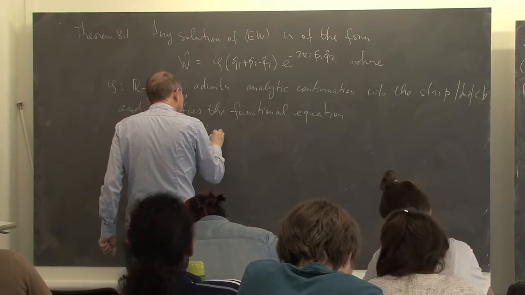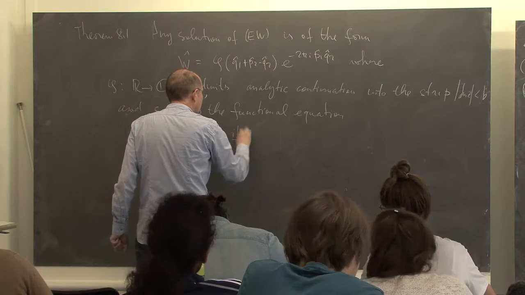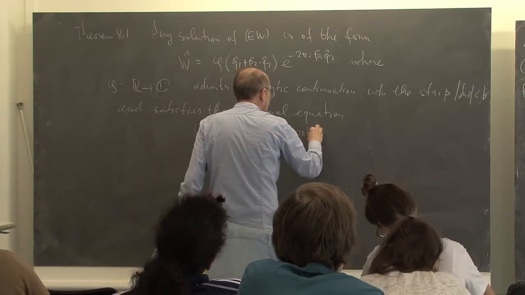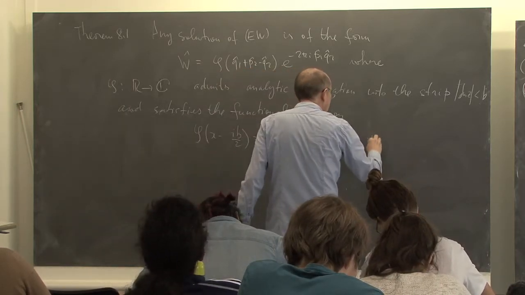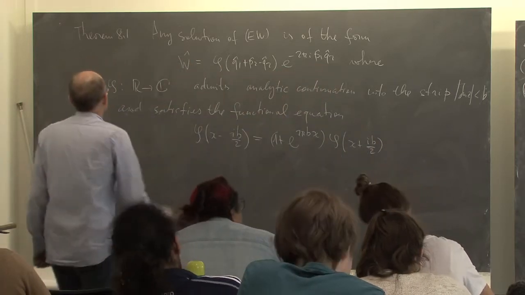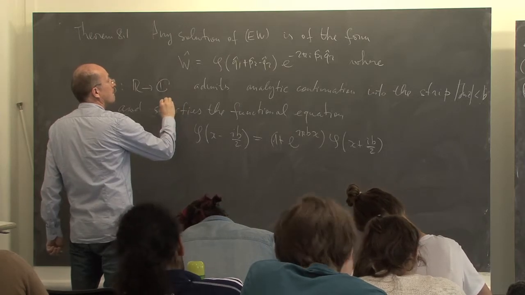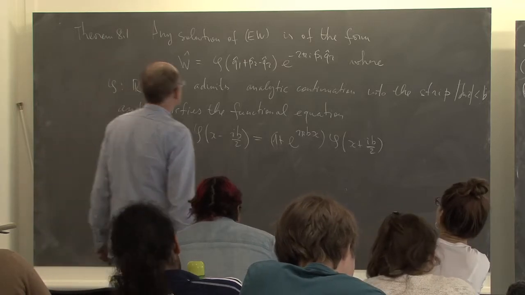Phi of x minus IB over 2 is equal to 1 plus E 2 pi B x phi of x plus IB over 2, for any x in R. Yeah, we can just leave it as it is.